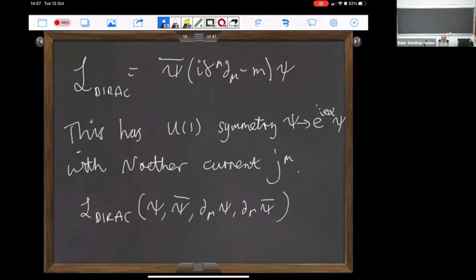And the current that we just derived is associated to the U(1) symmetry, where psi goes to e to the i times the charge e times alpha multiplied by psi.